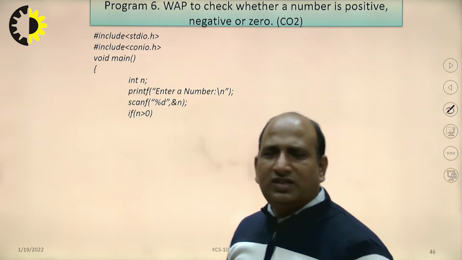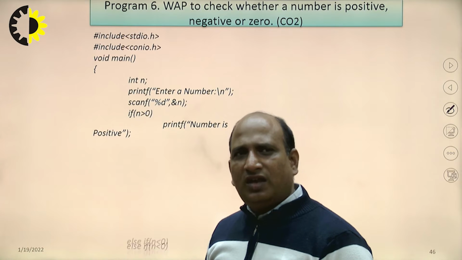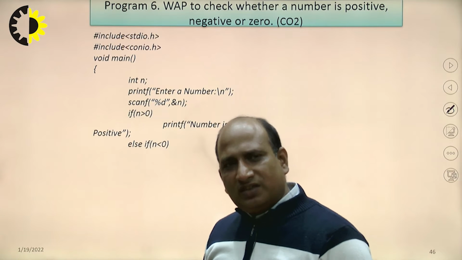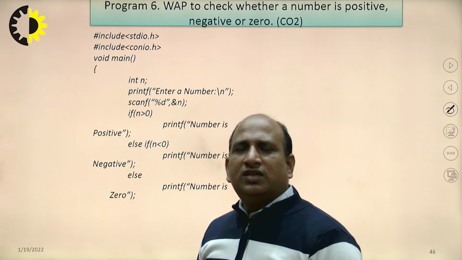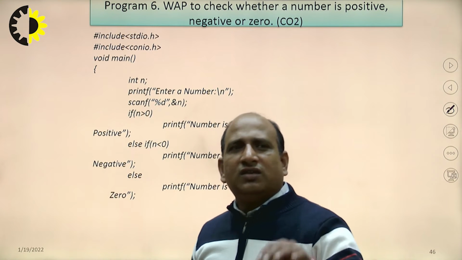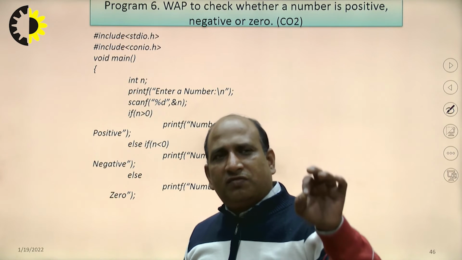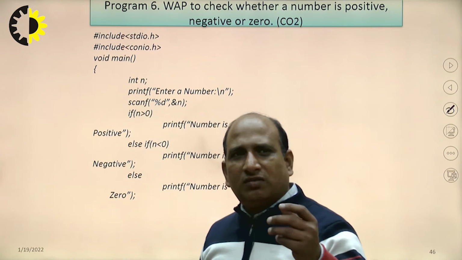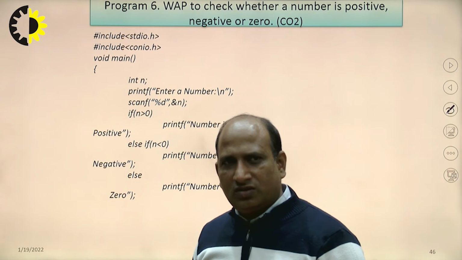And if n is greater than 0, print number is positive. Else if n is less than 0, print it is negative. Otherwise, print number is 0. From top to down, if the number is greater than 0, number is positive will be printed and the rest of the code will not execute.